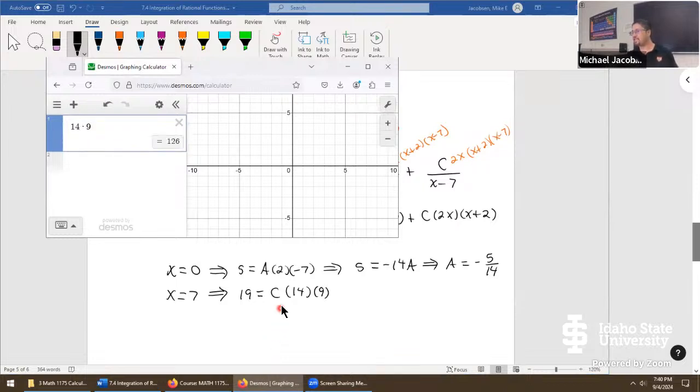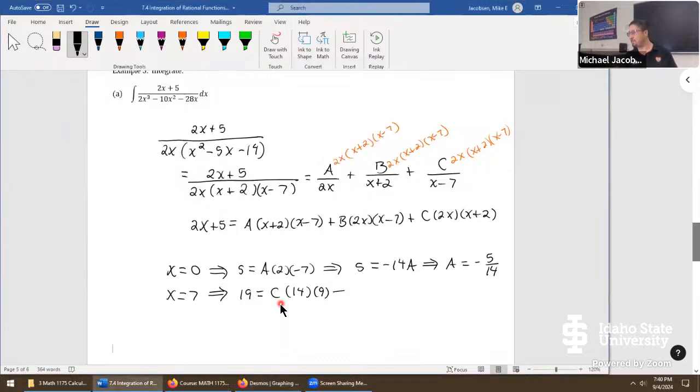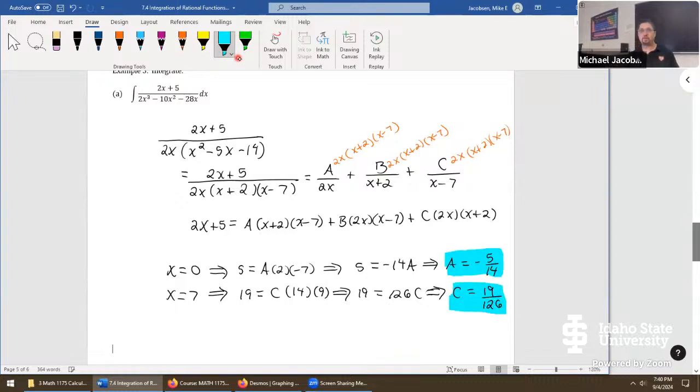So we have 126 times c at that stage. Nasty numbers on this one. So this implies 19 equals 126 times c. That then implies c equals 19/126. Let me highlight these so we don't lose track of them. But that's 2 down, 1 last to go.